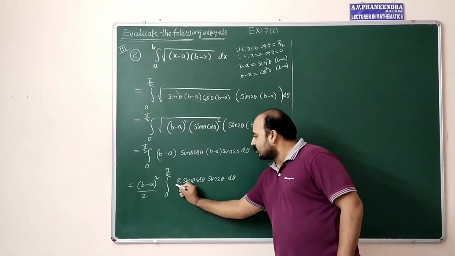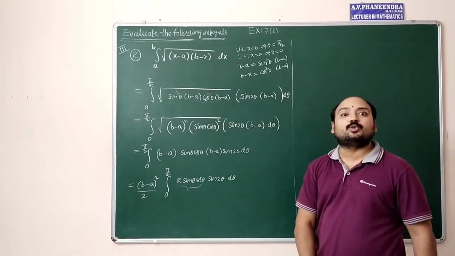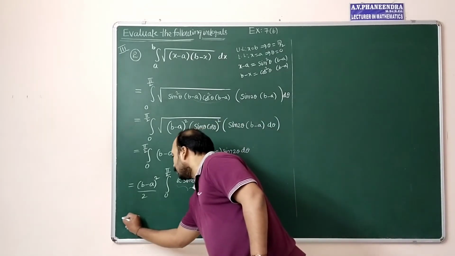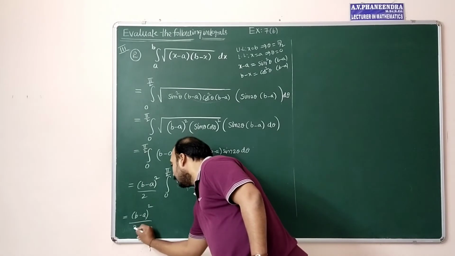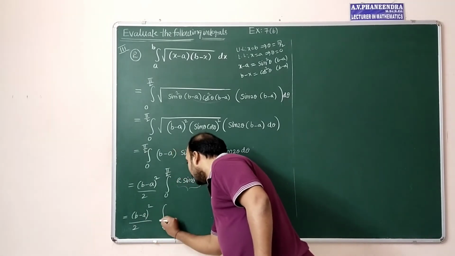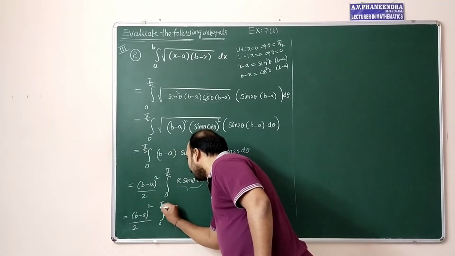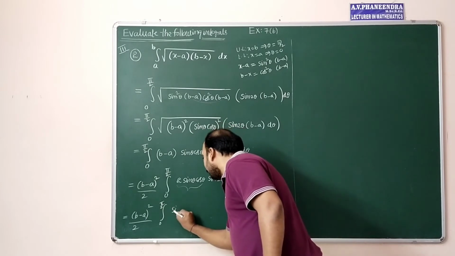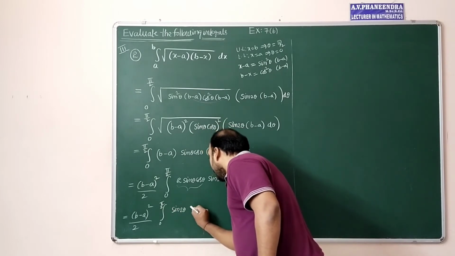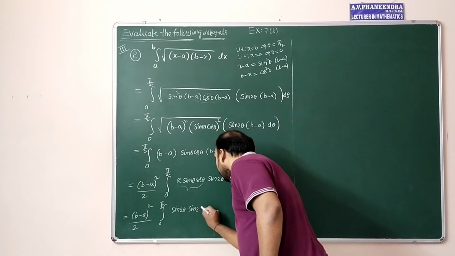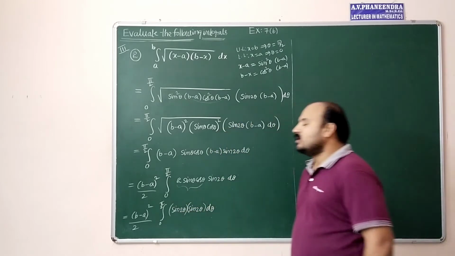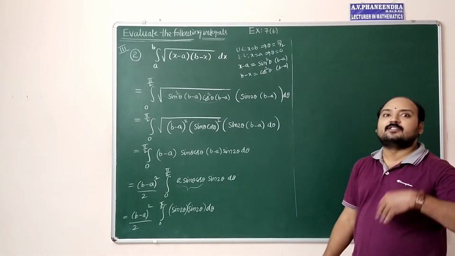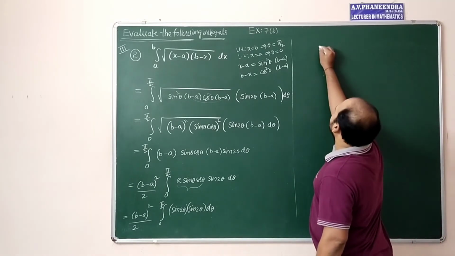In the next step 2 sin θ cos θ will become sin 2θ, which is equal to (b minus a) whole square divided by 2, integral 0 to π by 2, sin 2θ into sin 2θ dθ. So sin 2θ into sin 2θ is sin²2θ.